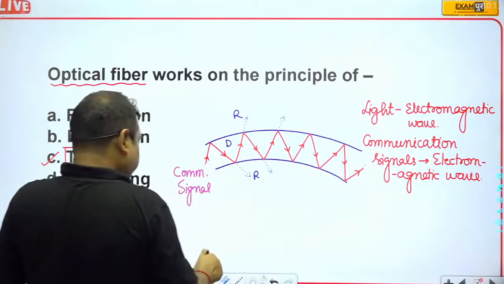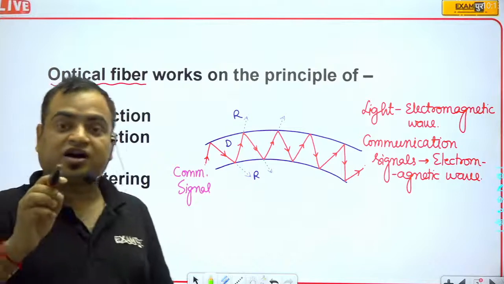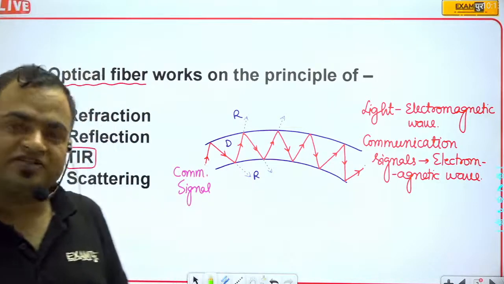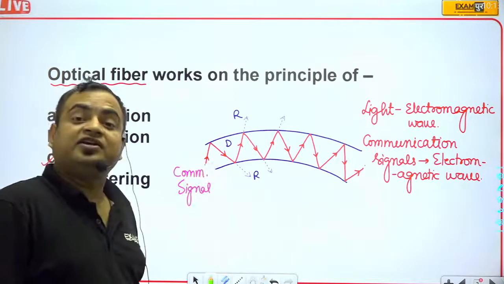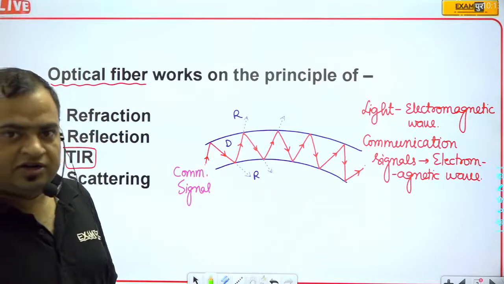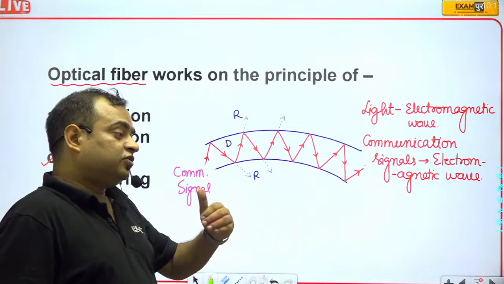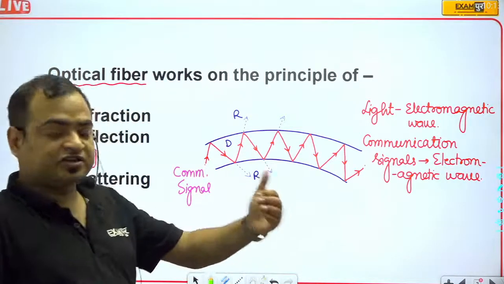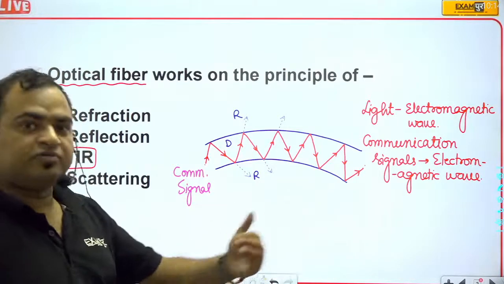And always remember one thing: in an exam, I remember that in a UPSC exam it was asked, TIR occurs when the light ray tries to go from rarer to denser, from denser to rarer, or both of the above, or none of the above.